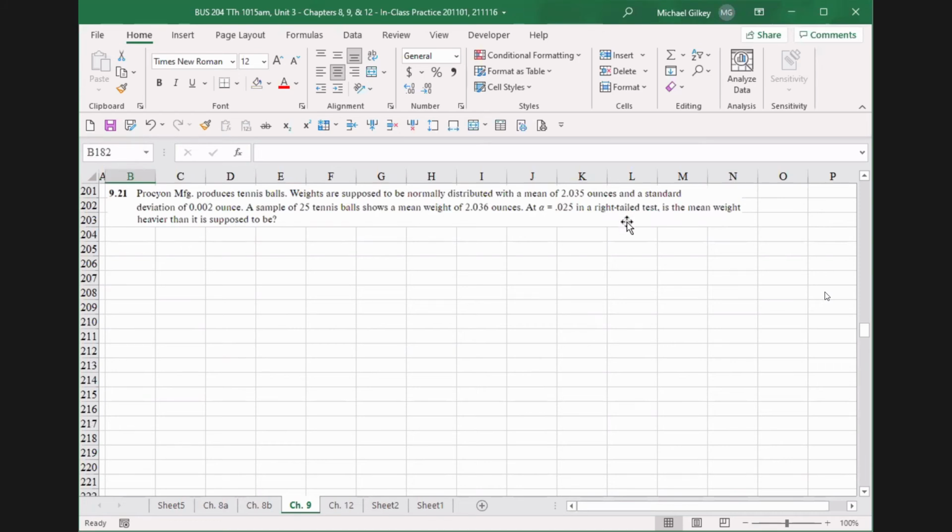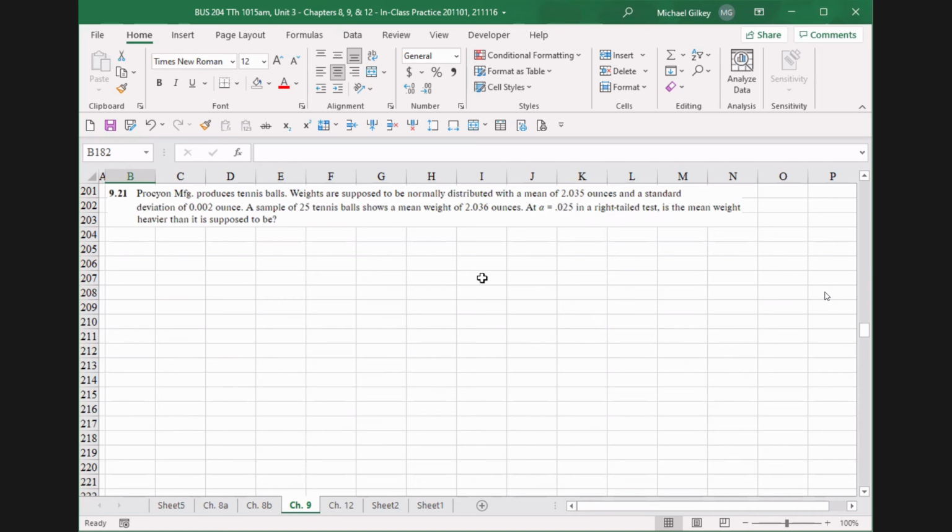So this is clearly a right-tailed test because what's interesting? Is it interesting when the weights of the tennis balls are what they're supposed to be? No. It's that it's heavier than it's supposed to be. That's right. It's interesting when they're not the right weights. In this case, we're interested in when they're heavier. So that's what becomes interesting.